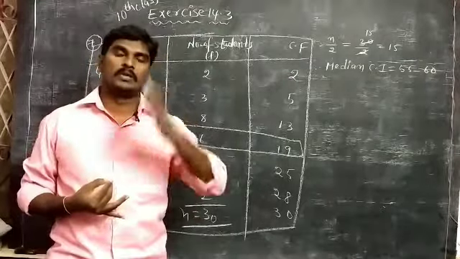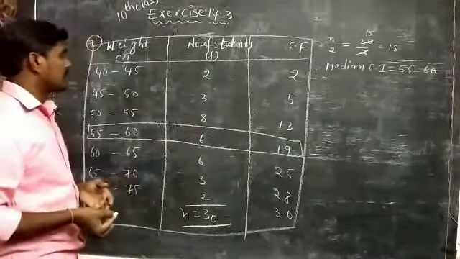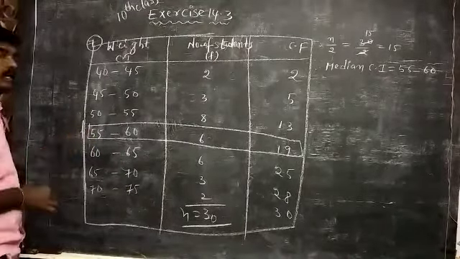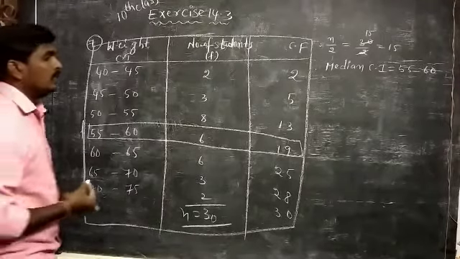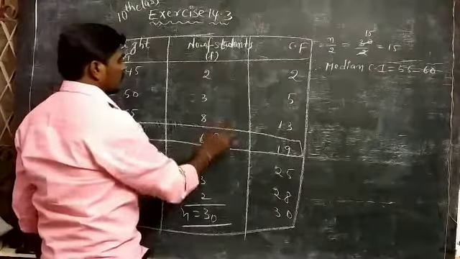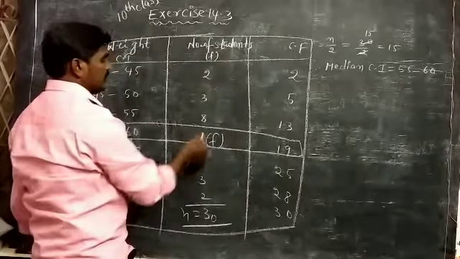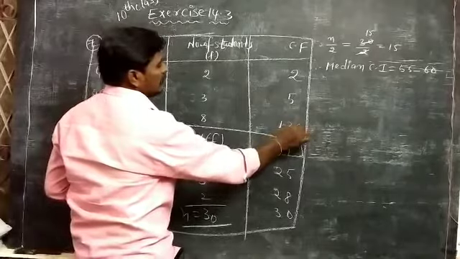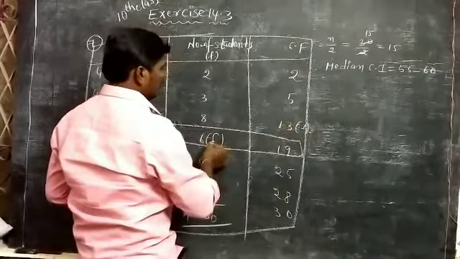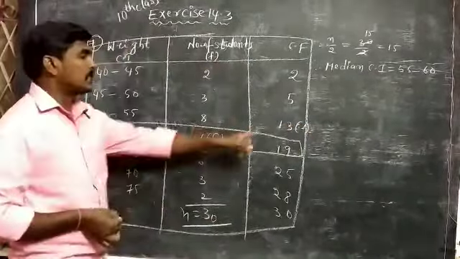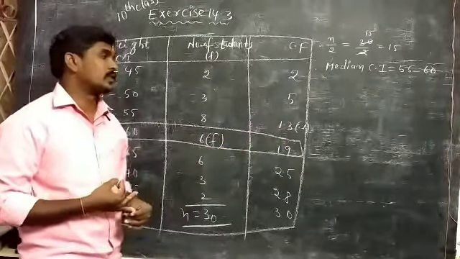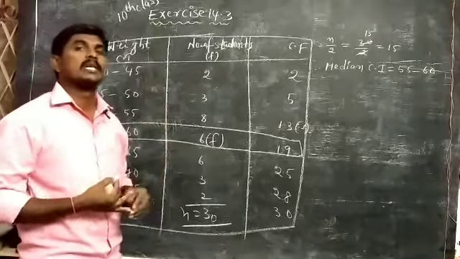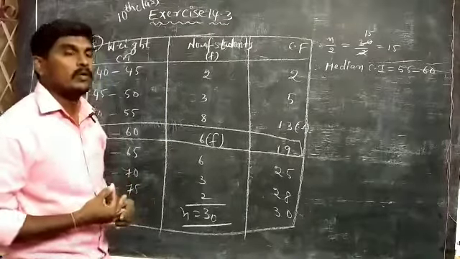We must remember this. Here L stands for the lower boundary of the median class interval, f is the frequency of the median class, cf is the cumulative frequency preceding it, meaning the number before the frequency number, and h is the size of the class interval.